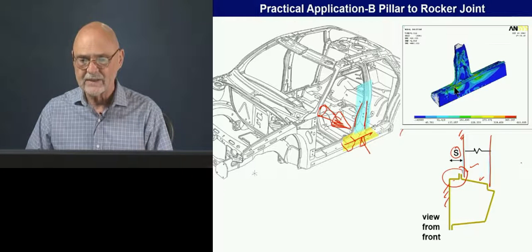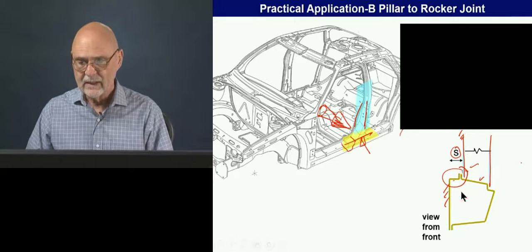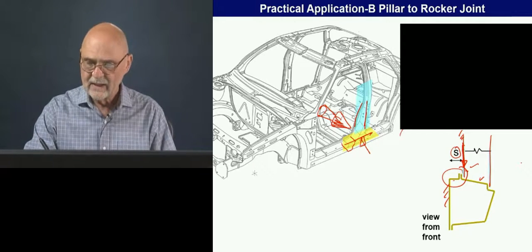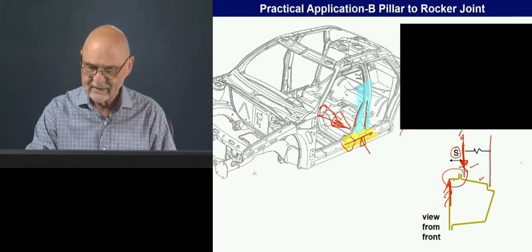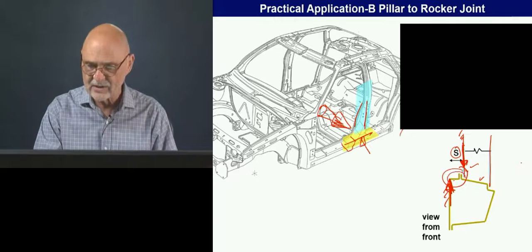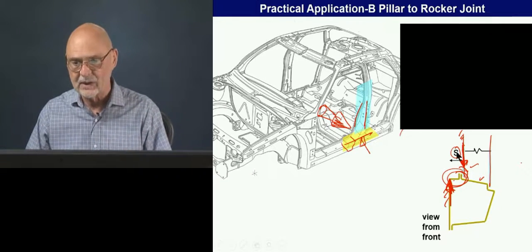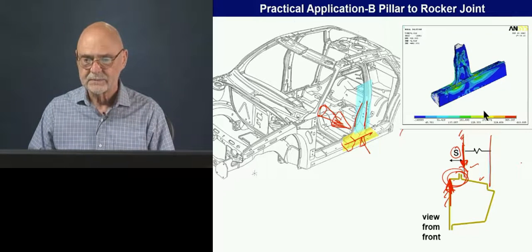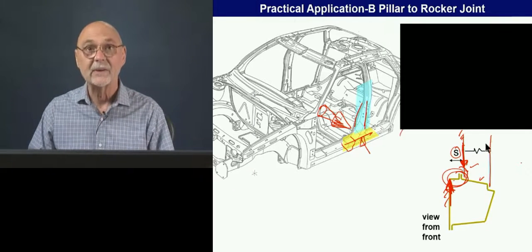So you see that area, lots of flexibility occurring as the loads are being applied down this surface, and they're trying to be reacted along this surface, and that causes a lot of deformation there. Let's take a look one more time at that. Okay, so we're looking at that area there.